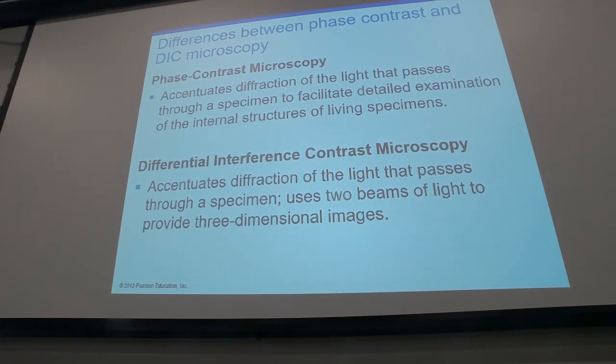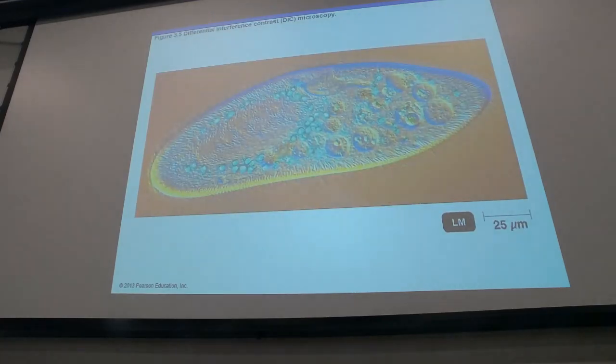DIC is similar to phase contrast, but uses two beams of light. So that gives you better resolution. So it gives you a three-dimensional shape. So here is an image of this protozoan as seen with DIC, which stands for differential interference contrast, by using 2 rays of light.